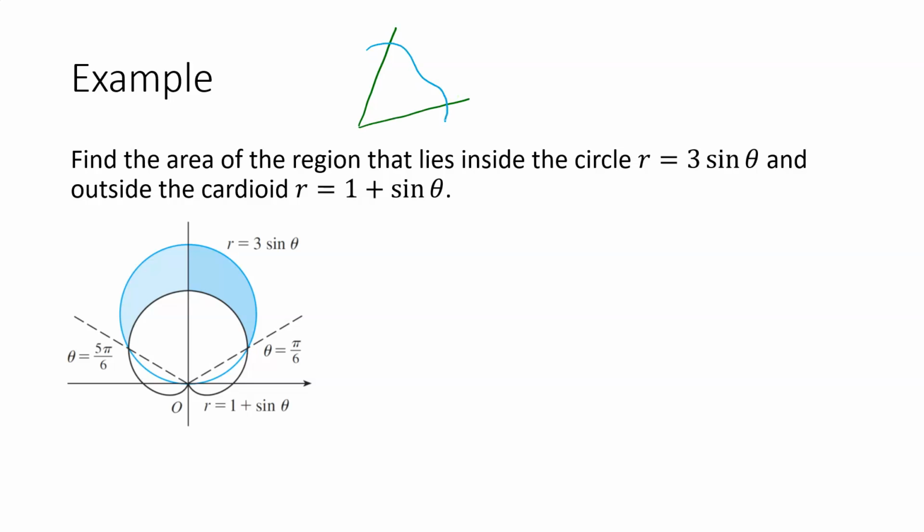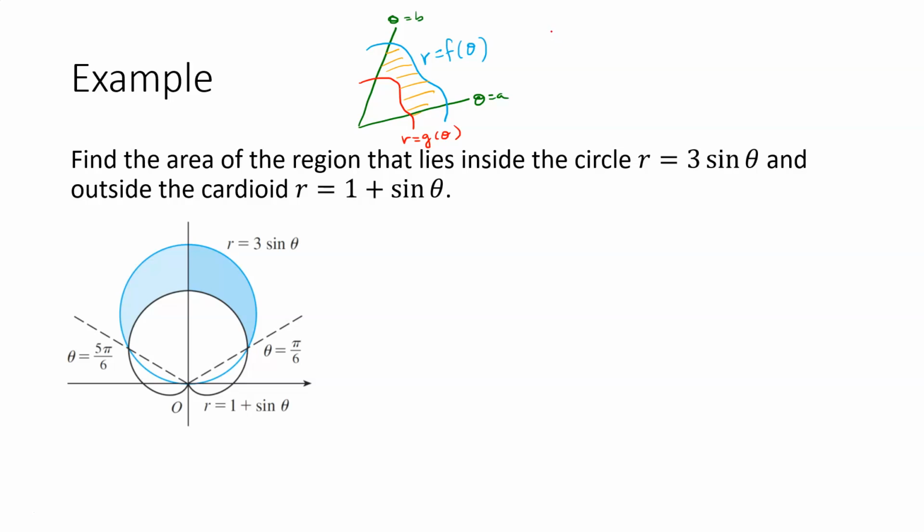So say our outer curve is r equals f of theta, and let's say our inner curve is r equals g of theta, going from, again, theta equals a to theta equals b. So what's the area of the region between those 2 curves?